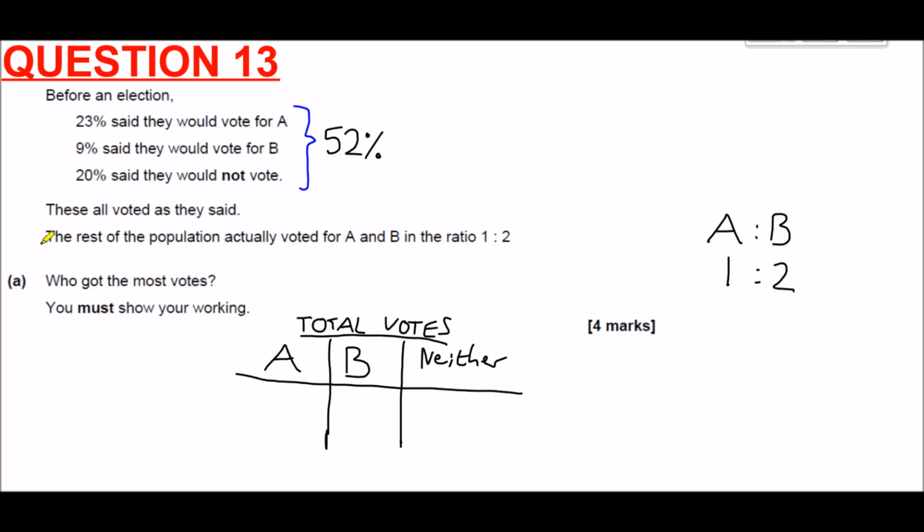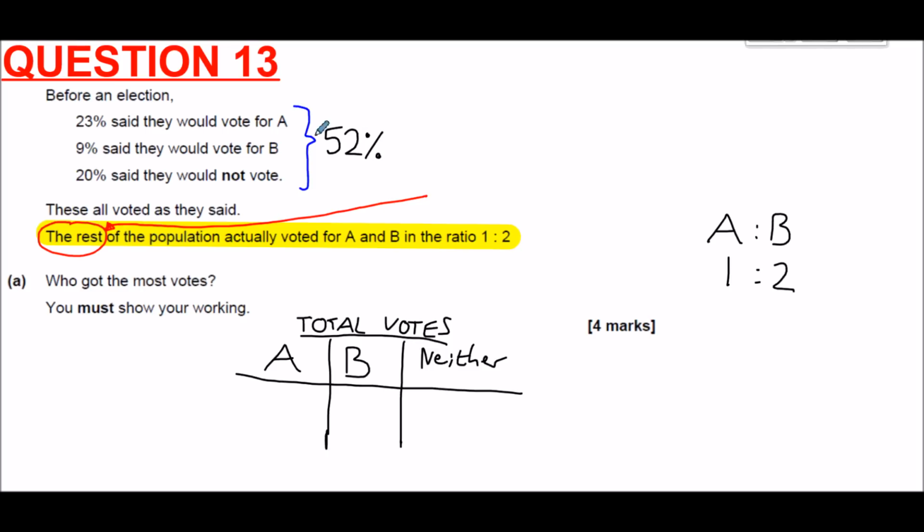So when it mentions the rest of the population actually voting for A and B in the ratio 1 to 2, the rest, in this case, will actually mean the other 48%.